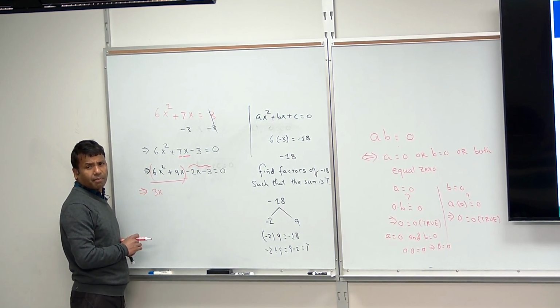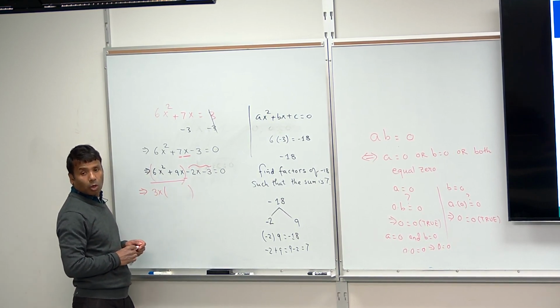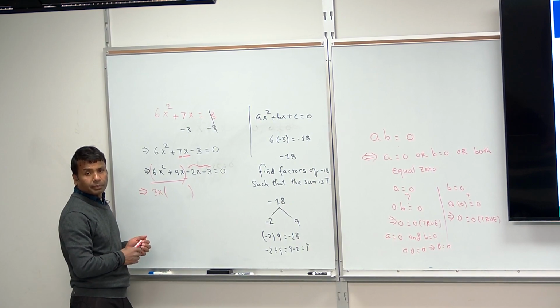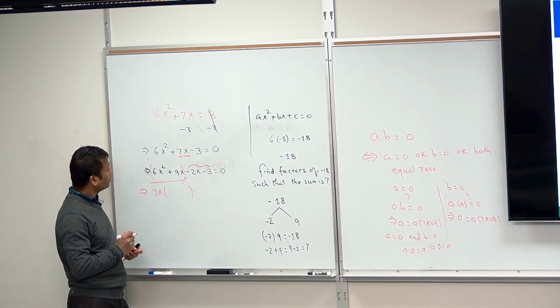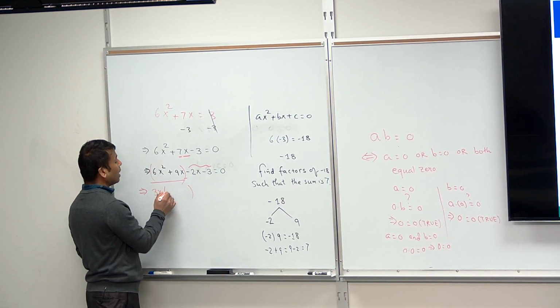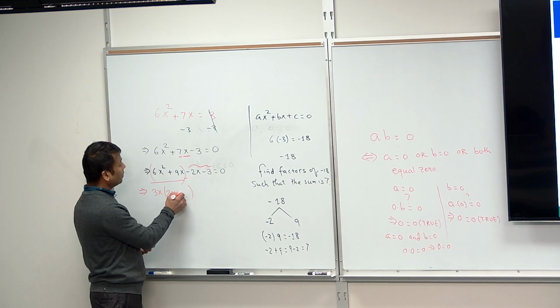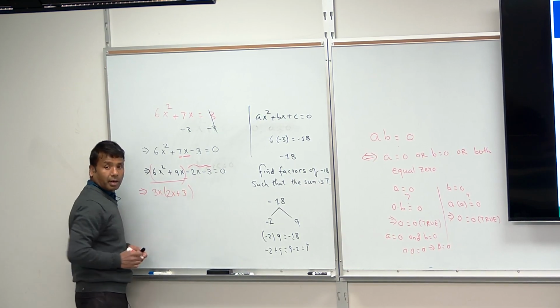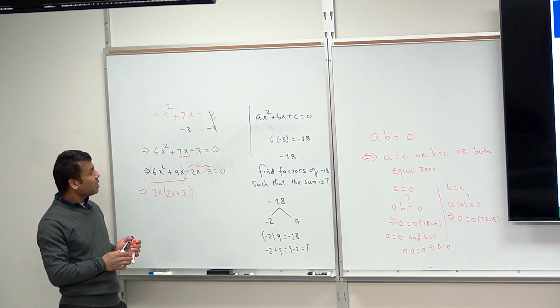If you factor out 3x, what will be left inside the parenthesis? You just divide 6x squared by 3x, that is 2x. You divide 9x by 3x, that is 3. Are you with me?